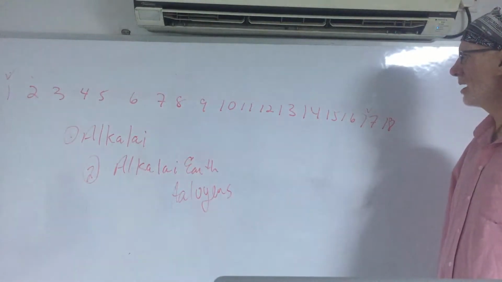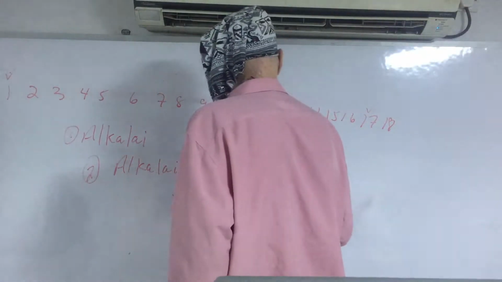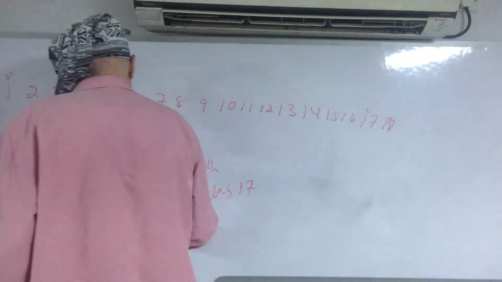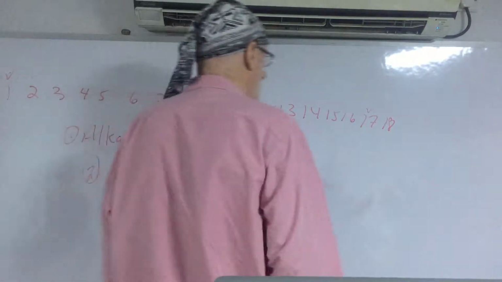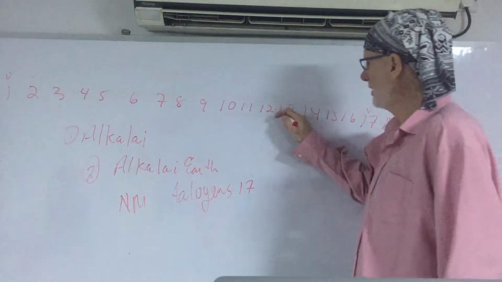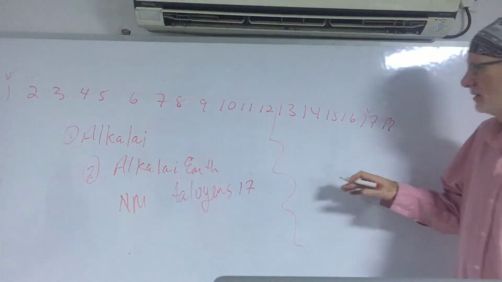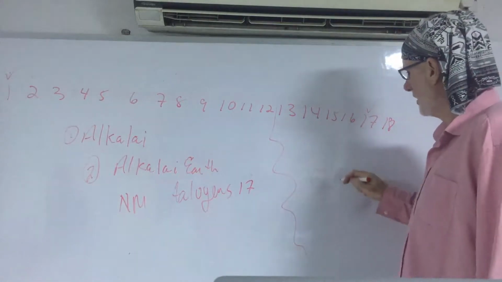Where are the nonmetals? This is 17. This is 18. Nonmetals are kind of in here. There's like a jagged line that goes down. That's a terrible jagged line, but they're in here.